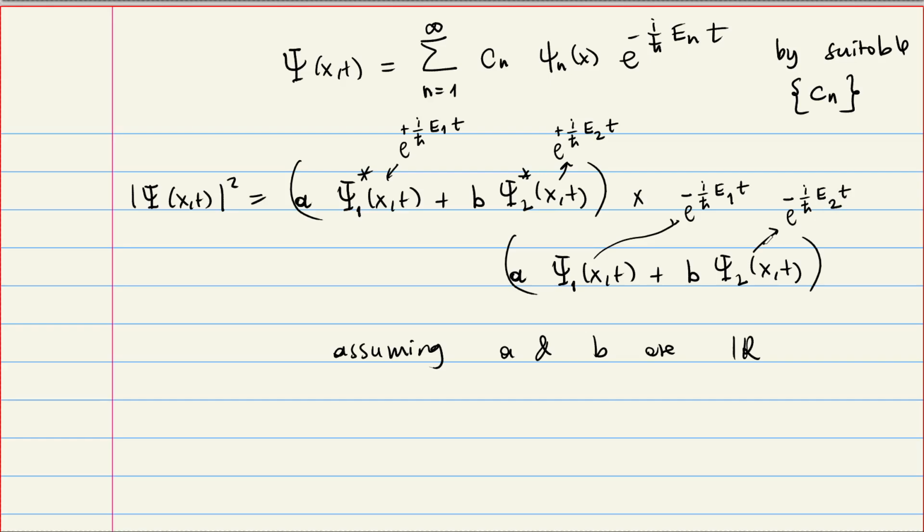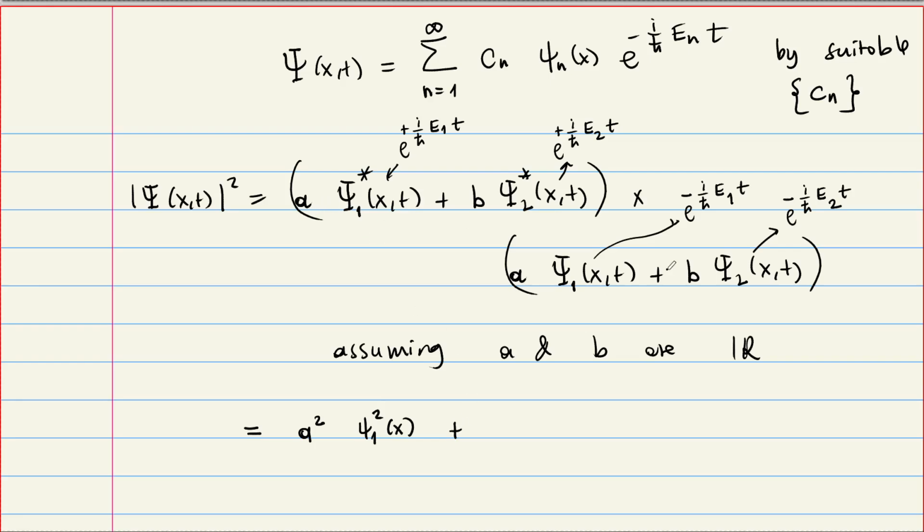So I'll just multiply term by term and see what it gives me, and then I'll try to make an interpretation, and that's the end of this lecture. So A times A squared, and because there is psi 1 inside, and let's also assume psi 1 is real, this is psi 1 squared, and there is no time dependence here.